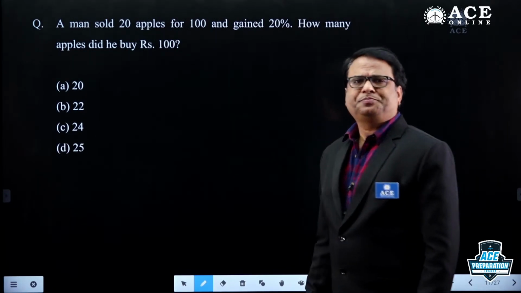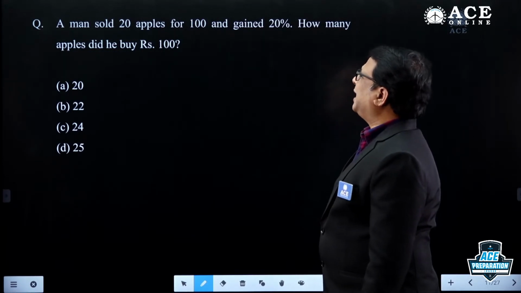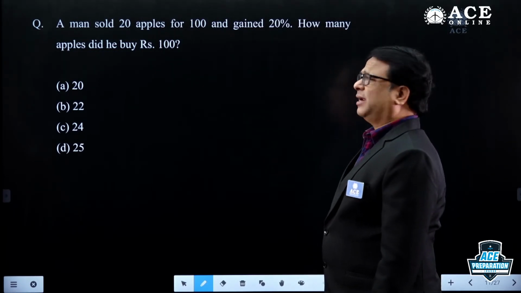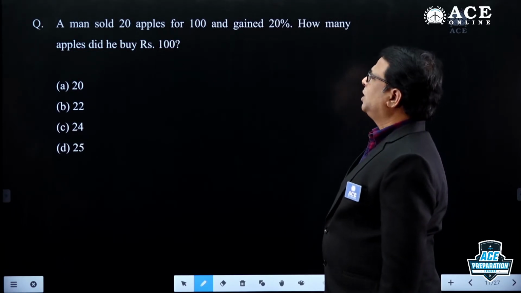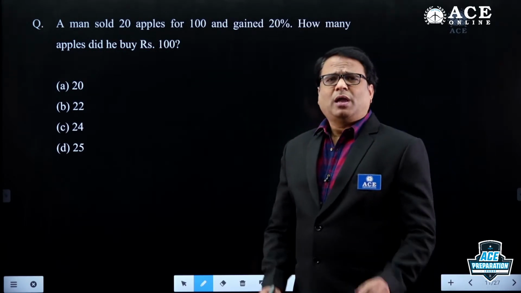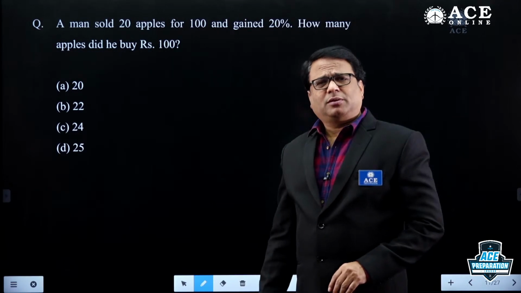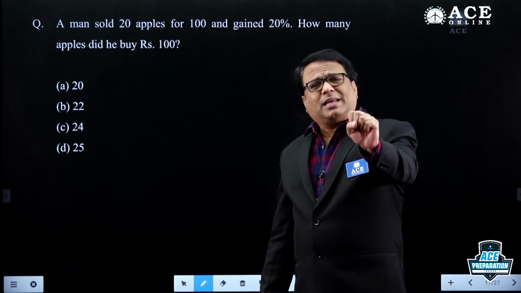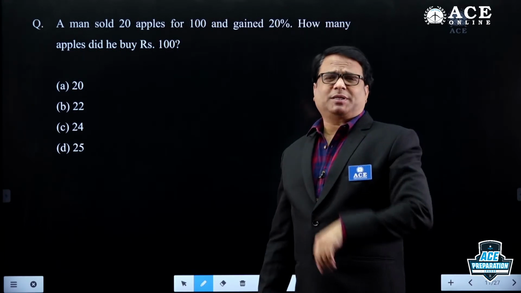Right. The next question. A man sold 20 apples for rupees 100 and gained 20%. How many apples did he buy for rupees 100? So, 20 apples is selling it for 100 rupees. Okay, 20 apples is selling them for 100 rupees and makes a profit of 20%.